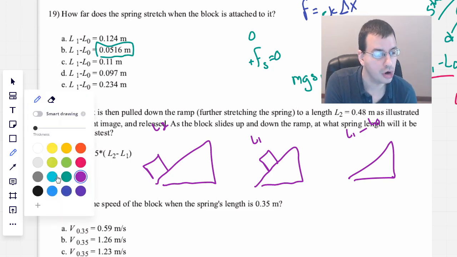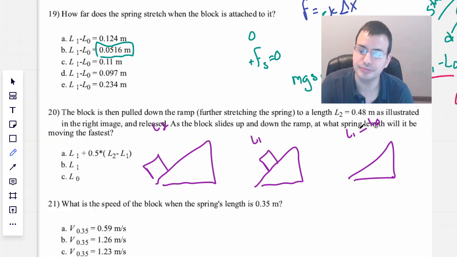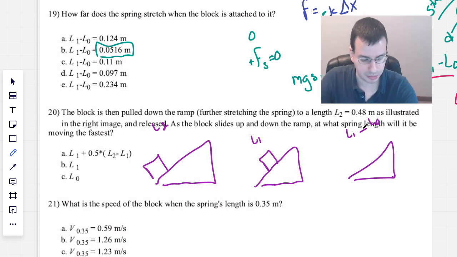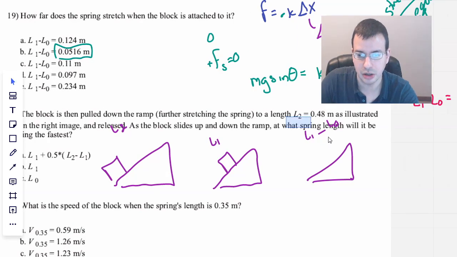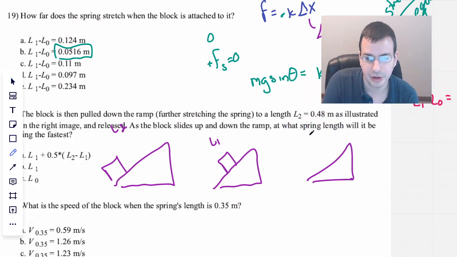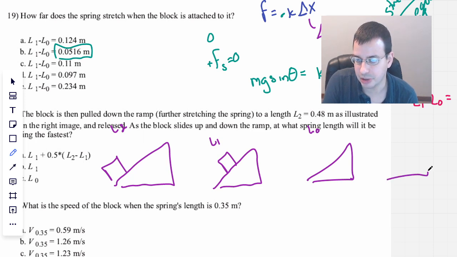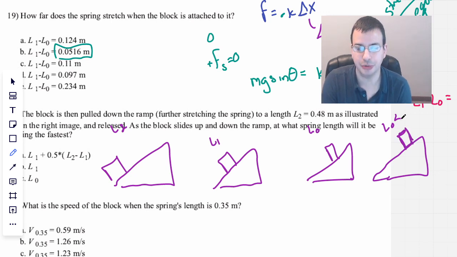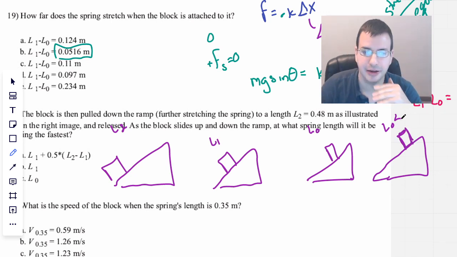I'm going to say this is L0. Let's just intuitively look at this problem. You've got to be extra careful with these kinds of problems because you have a lot of points for just a multiple choice question, so it's really easy to make a mistake.